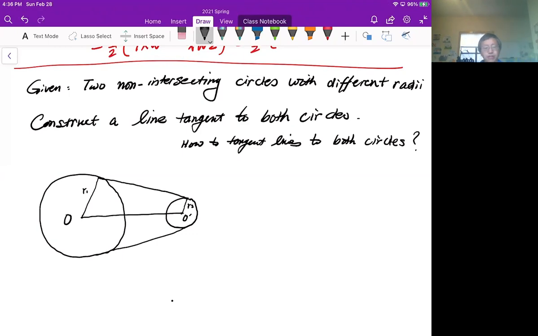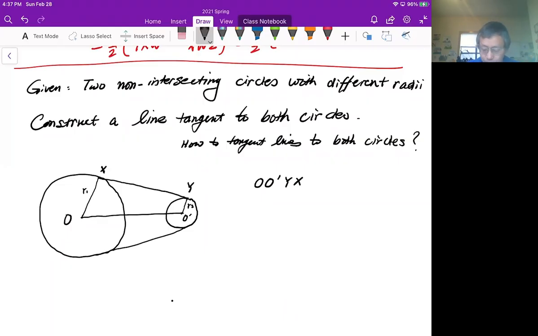All right. So first of all, let me ask you a question here. You get an X here, and you get a Y here. So what kind of shape is it? I'm going to give you O prime, Y, and X. So this is a quadrilateral. What kind of quadrilateral is it? It's a trapezoid. Why is it a trapezoid?